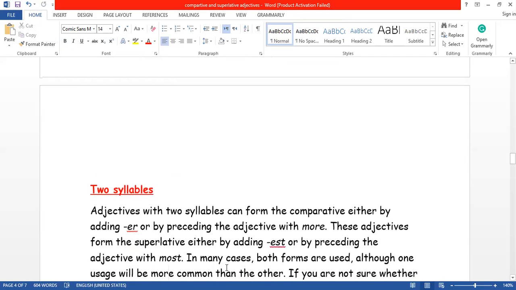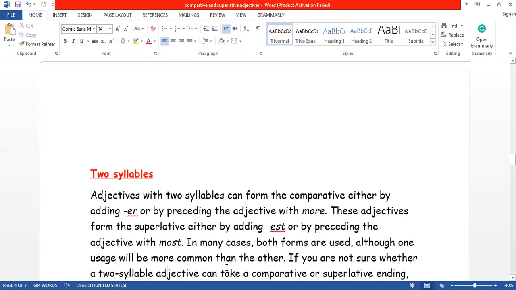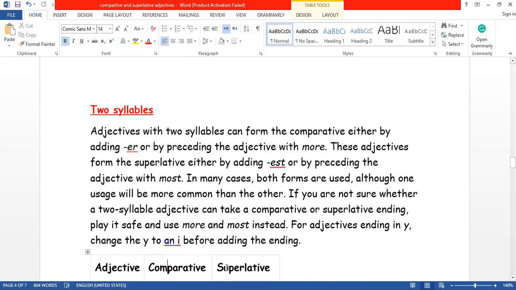So let's go to the adjectives that are one or two syllables. It's written here that adjectives with two syllables can form the comparative either by adding er or by preceding the adjective with more.